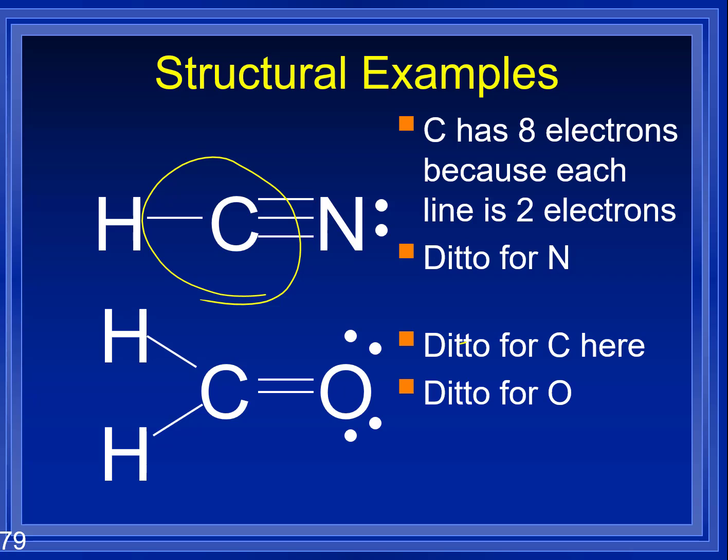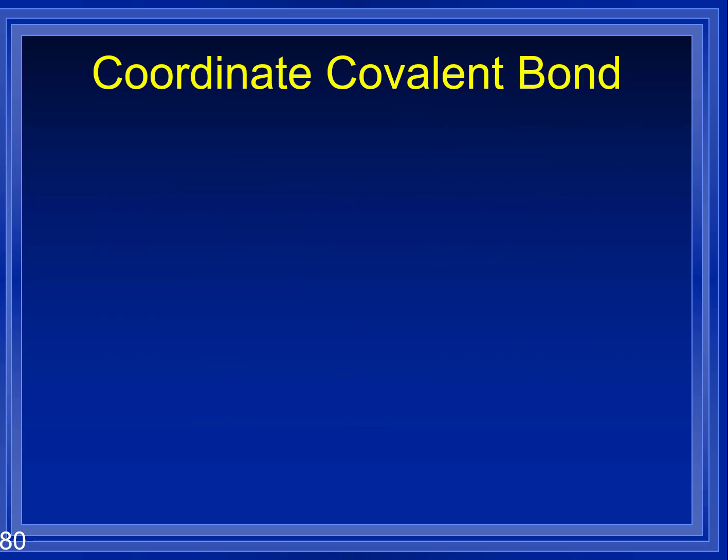Okay. And then there's one last possibility of moving dots. That's called the coordinate covalent bond. Don't run into them very often, but they happen every once in a while.